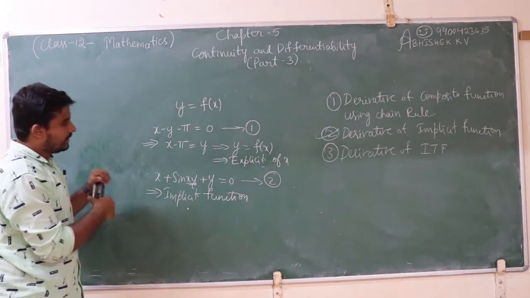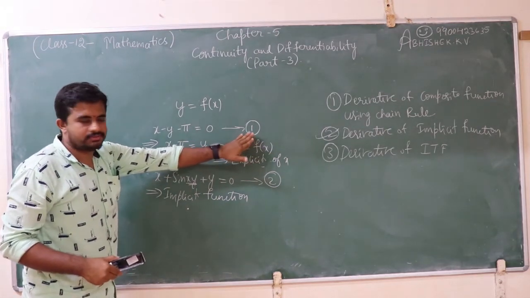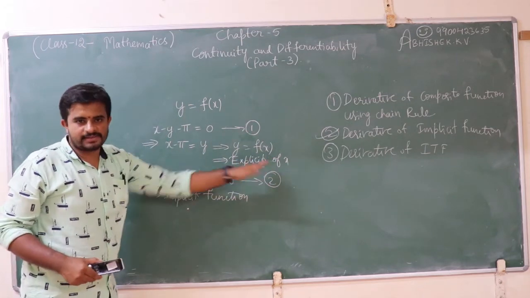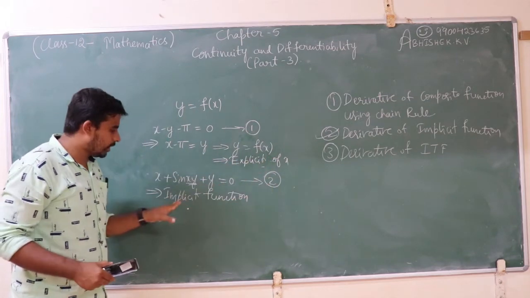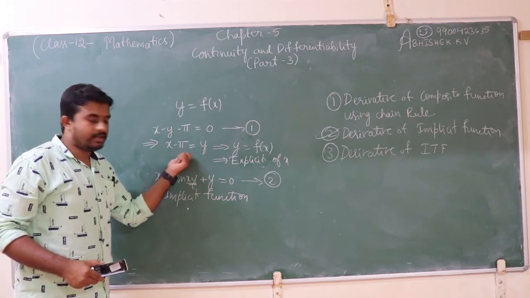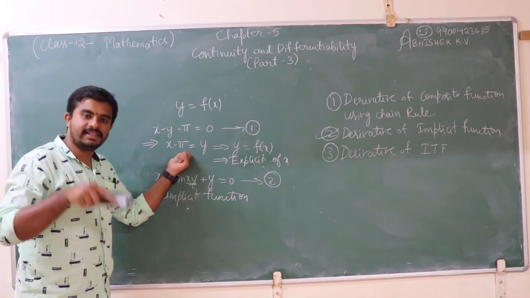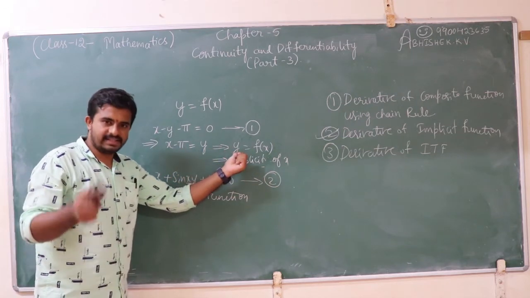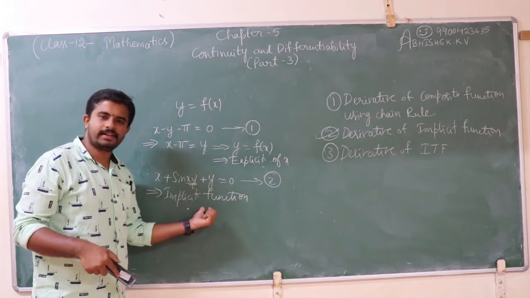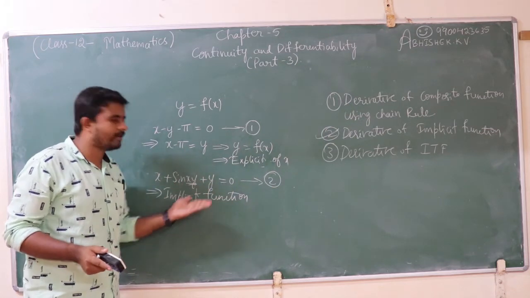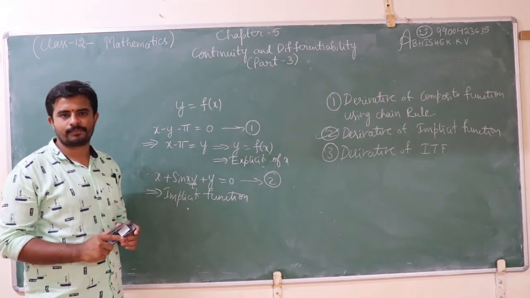Is it clear? The type of equation 1 is called explicit, and the type of equation 2 is called implicit. In the first type we can easily solve for y, but here it is not possible. So this is about the implicit function and explicit function.